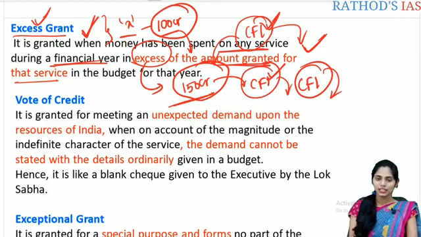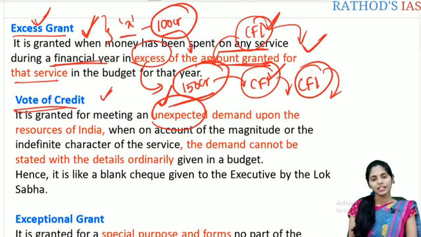And let us see the next type of grant, that is vote of credit. This is very, very important, so let us try to understand it. This vote of credit is mainly granted to meet an unexpected demand upon the resources of India. Whenever we want to meet this unexpected demand regarding the resources of India, we use this vote on account or vote of credit.